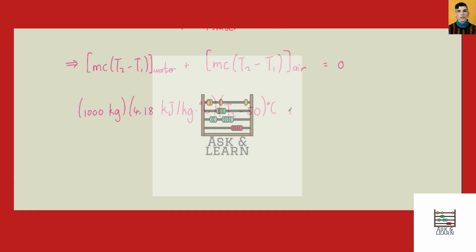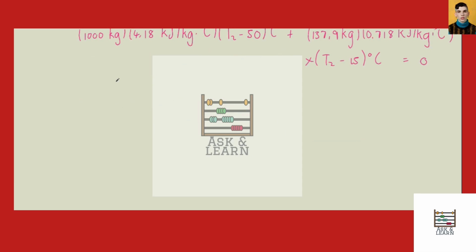Remember, this is for the water, plus the mass of air we calculated to be 137.9 kg times specific heat for air, 0.718 kilojoule per kg degree Celsius, and this is multiplied by T2 minus the initial temperature of the air, 15 degrees Celsius, and that's all equal to 0.